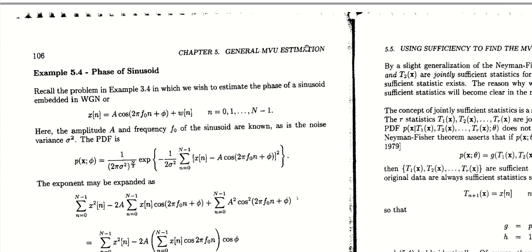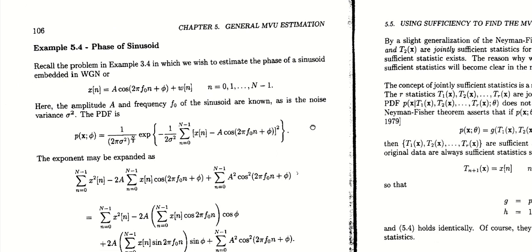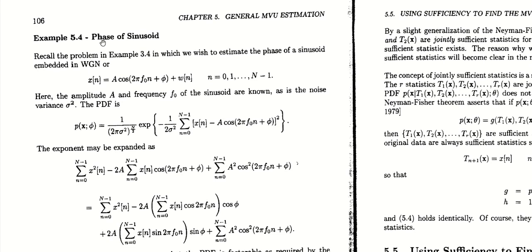Okay, so now let's turn to another parameter, that is the phase of a sinusoid. Let's recall the previous example in which we wish to estimate the phase of a sinusoid embedded in white Gaussian noise.